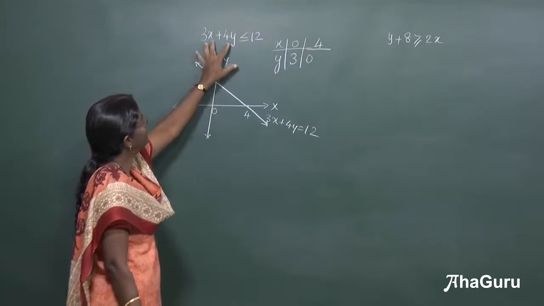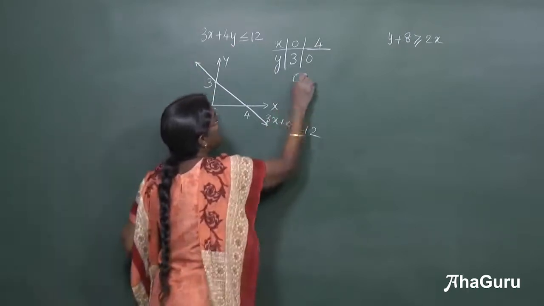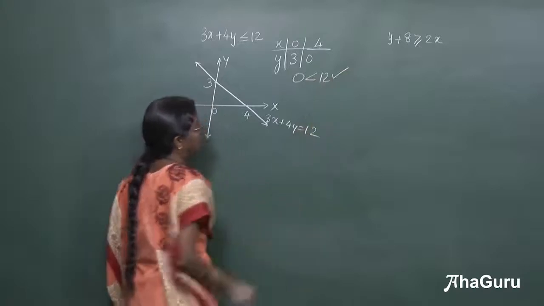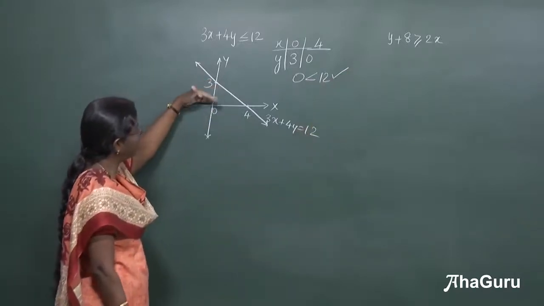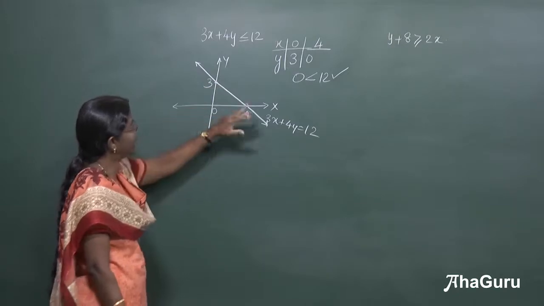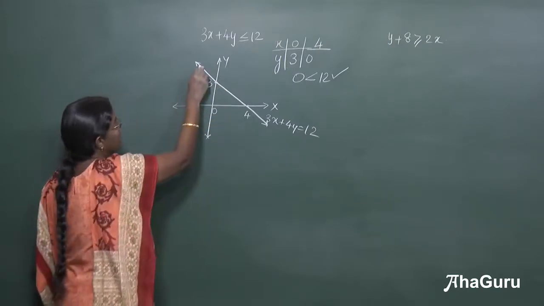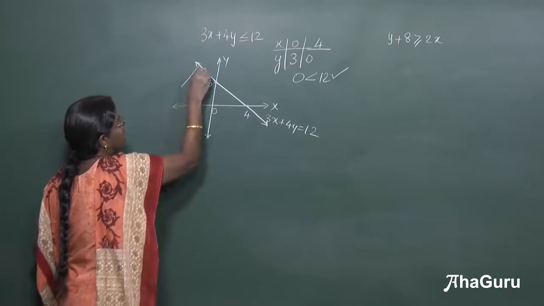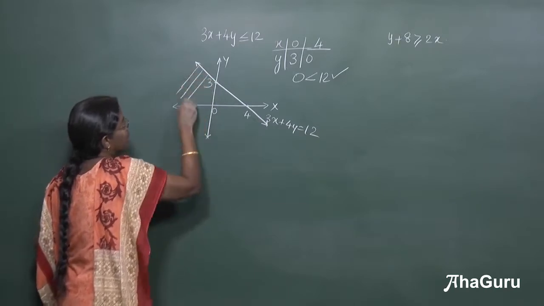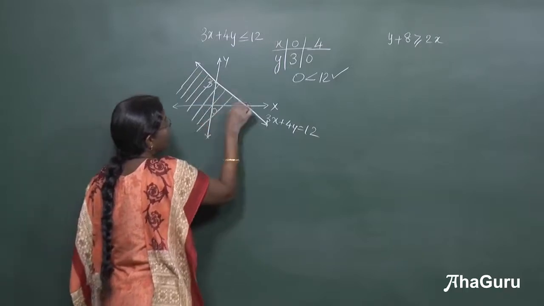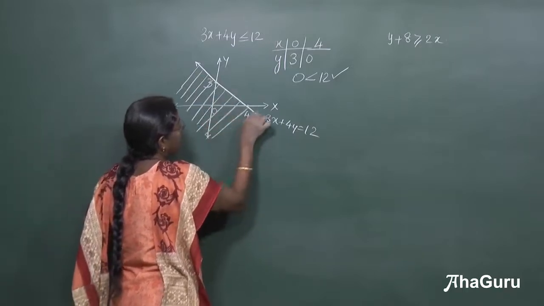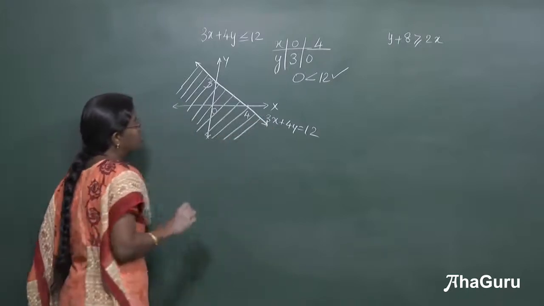What do you get? When you substitute, you get 0 to be less than 12, which is right. So the side where the origin lies satisfies the inequality. So the required region will be the same side as that of the origin. Use just scale and pencil, draw straight lines.